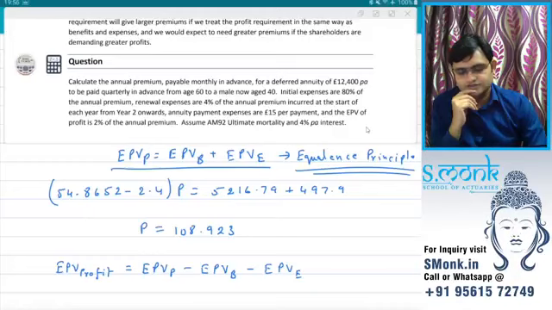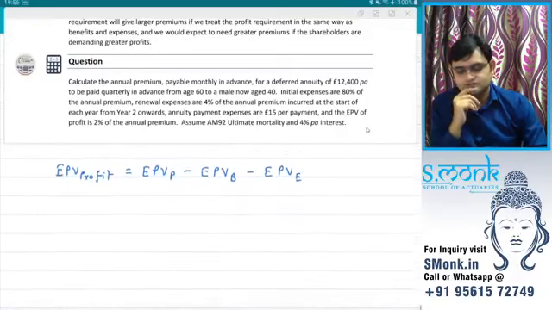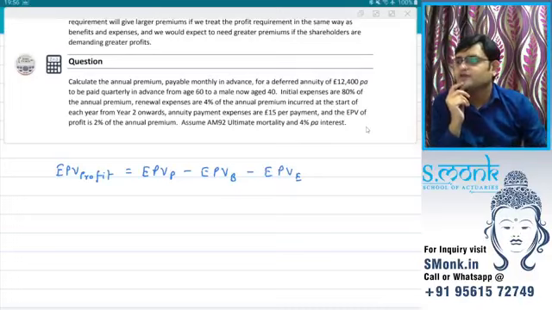Correct? So this is the equation that we'll make. Any problem here? So this is profit loading, or loading for profit. We are saying the expected present value of profit is 2% of the annual premium.